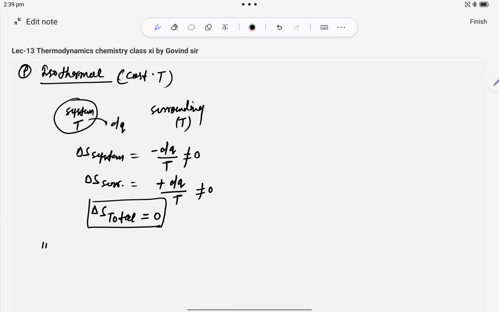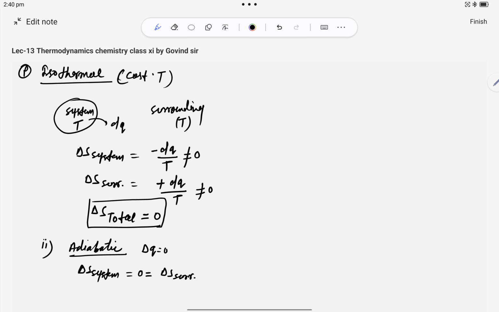Number 2, adiabatic, delta Q is equal to 0. So entropy change of system is equal to 0, and delta S of surrounding is 0.